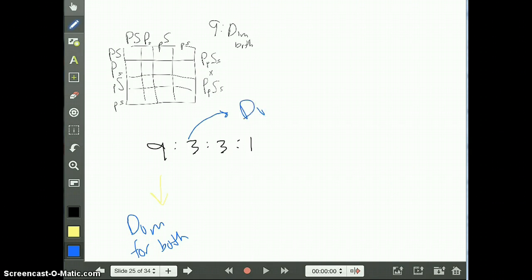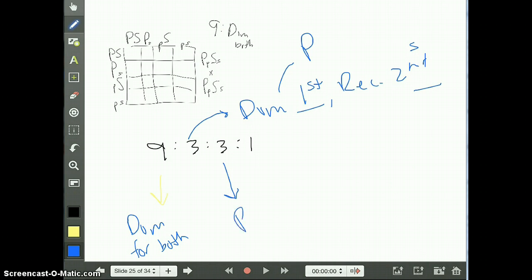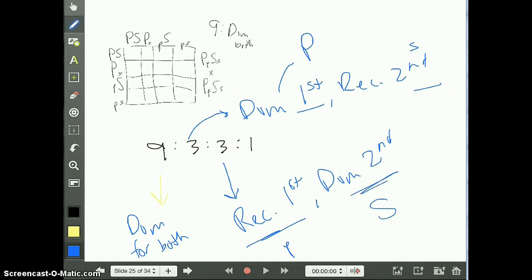3 dominant for the first, recessive for the second. What I mean by first and second is the first trait, so let's just say that this is going to be the P's and the second would be the S's. The 3 recessive for the first, dominant for the second would be little p, capital S's.